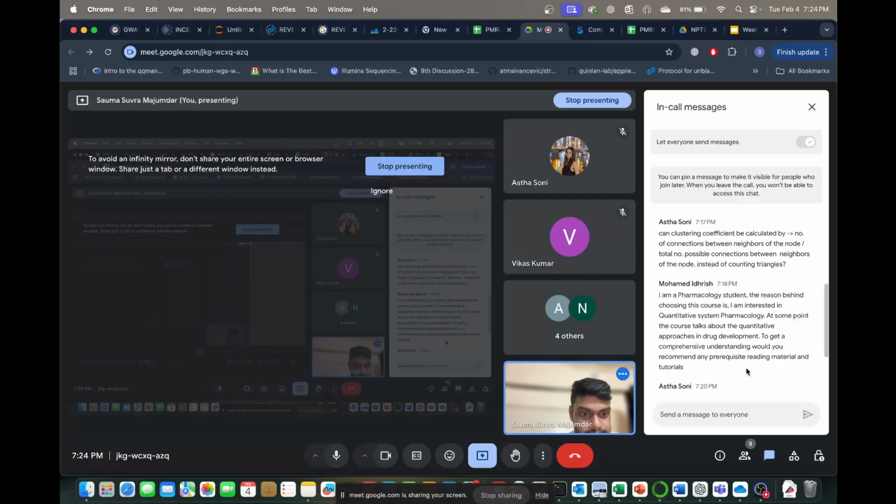Pharmacology, right? Okay. So obviously, as I was talking about, network biology is very much involved in drug development. For example, as I was talking about hubs inside the network, how you can target them for drug development. See, I don't have that background for pharmacology, but what I can do is read up a little bit and give you some resources, like maybe a few papers.